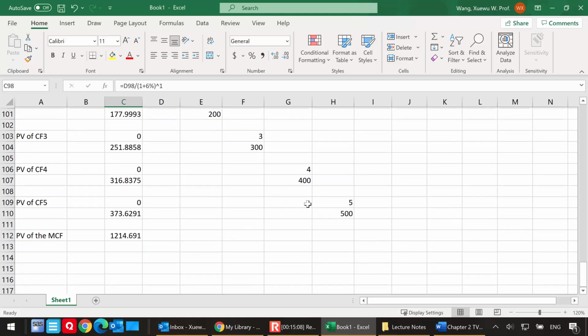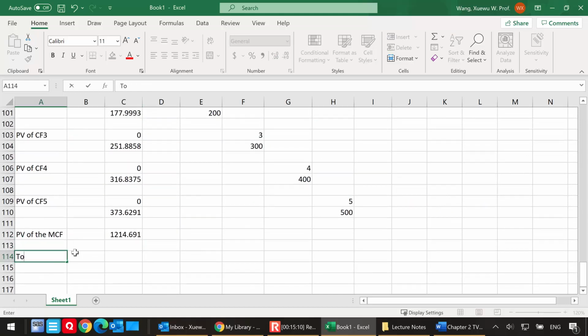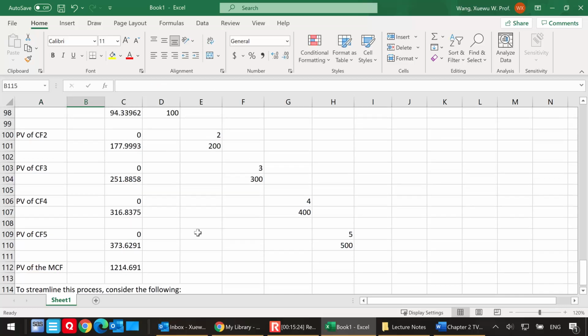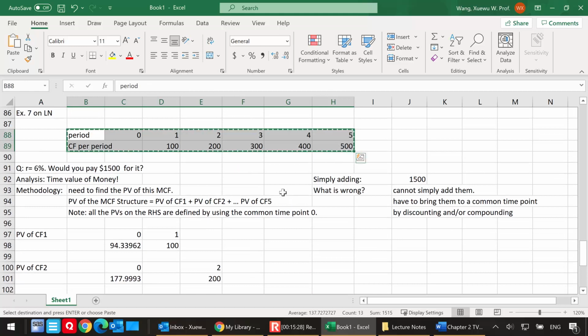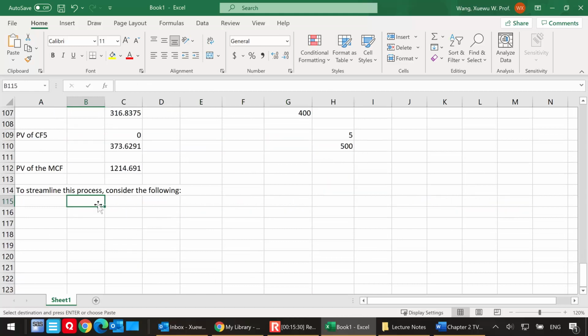With a little extra effort, you can streamline this process and make it more efficient. Do it the following way. I'm going to streamline this process, and I'm just going to copy and paste this question setup here.